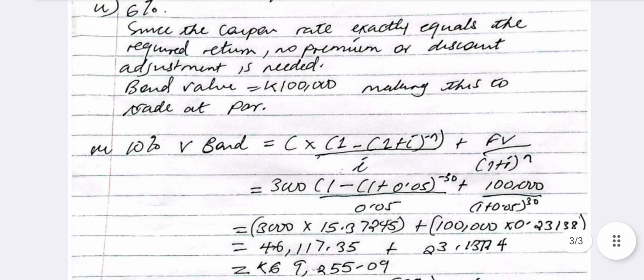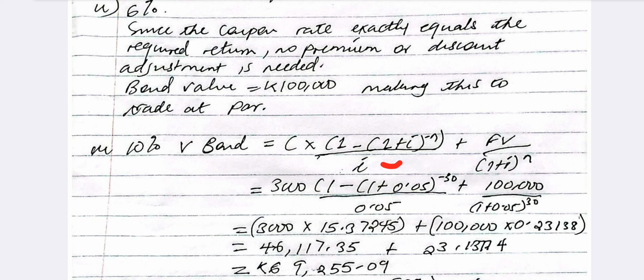From there, we now move on to the last part, which is if we trade this bond at 10%. For 10% per annum, we're going to divide that 10% by 2, which is going to give us 5%. And the 5% is what we're going to use as the I throughout this entire bond valuation formula.